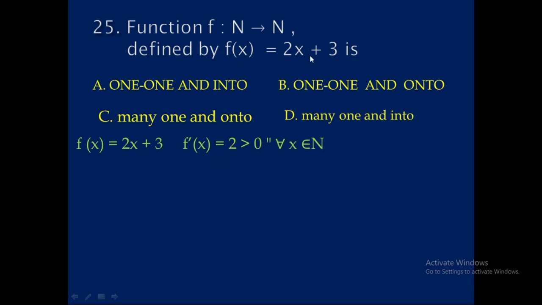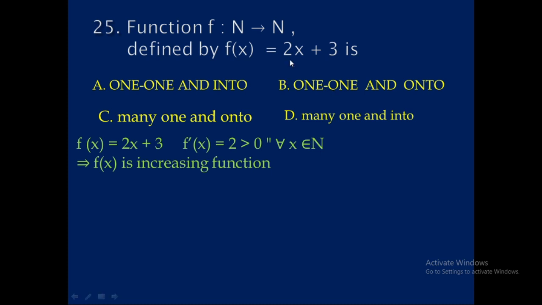Therefore, this function is monotonically increasing. A monotonically increasing or decreasing function is always one-one. Draw a line parallel to the x-axis; it cuts at only one point. Therefore, this function is one-one, either option A or option B.